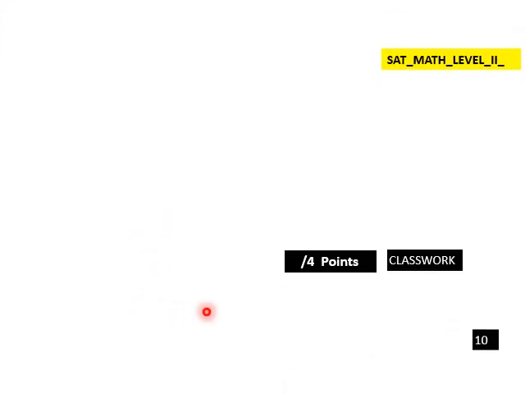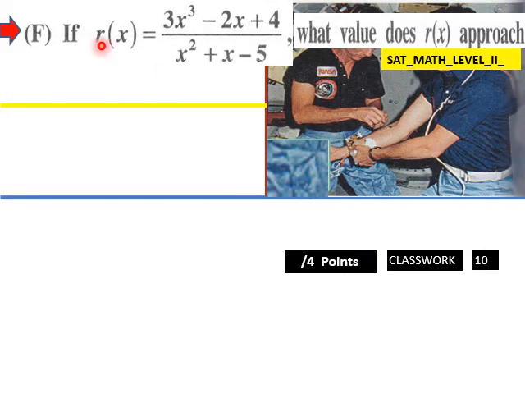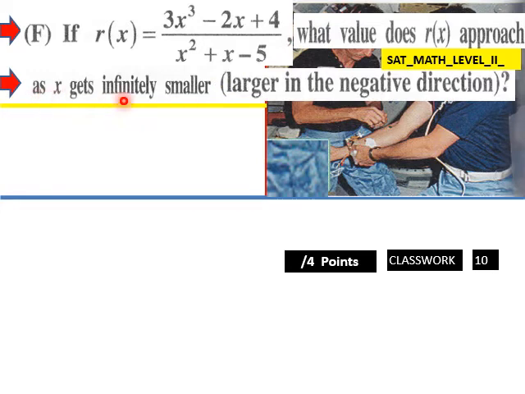Okay, as we move on now into F here, if r of x equals 3x cubed minus 2x plus 4 over x squared plus x minus 5, what value does r of x approach as x gets infinitely smaller, meaning larger in the negative direction?